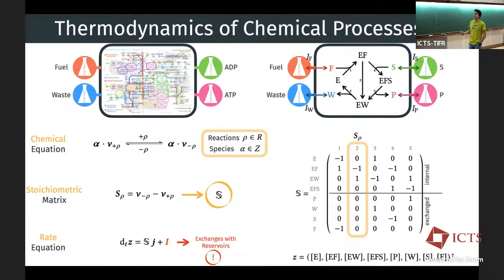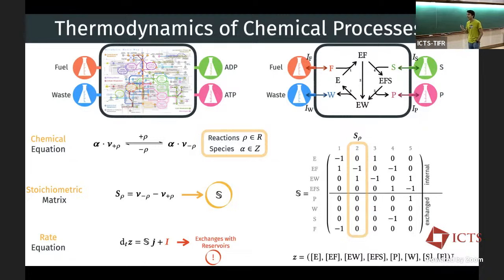And we characterize the topology, the stoichiometry of the reactions using a stoichiometric matrix. And this is exactly the stoichiometric matrix that Massimiliano wrote in the previous classes for this specific network, where each column is telling us the net variation in terms of number of molecules for each species along a specific reaction.